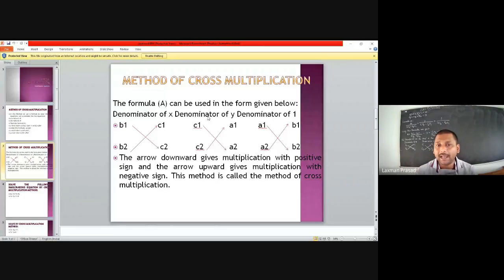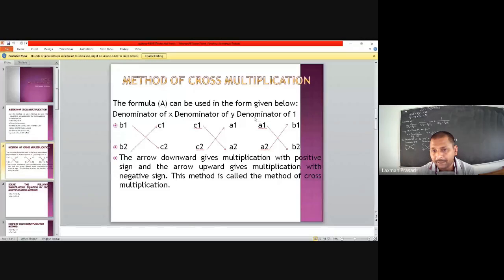See, the formula can be used as given below. Denominator of x: while finding the value of x, you eliminate x, then b1 b2 c1 c2, then cross multiply. In the same way, denominator of y: c1 a1 c2 a2, then cross multiply.